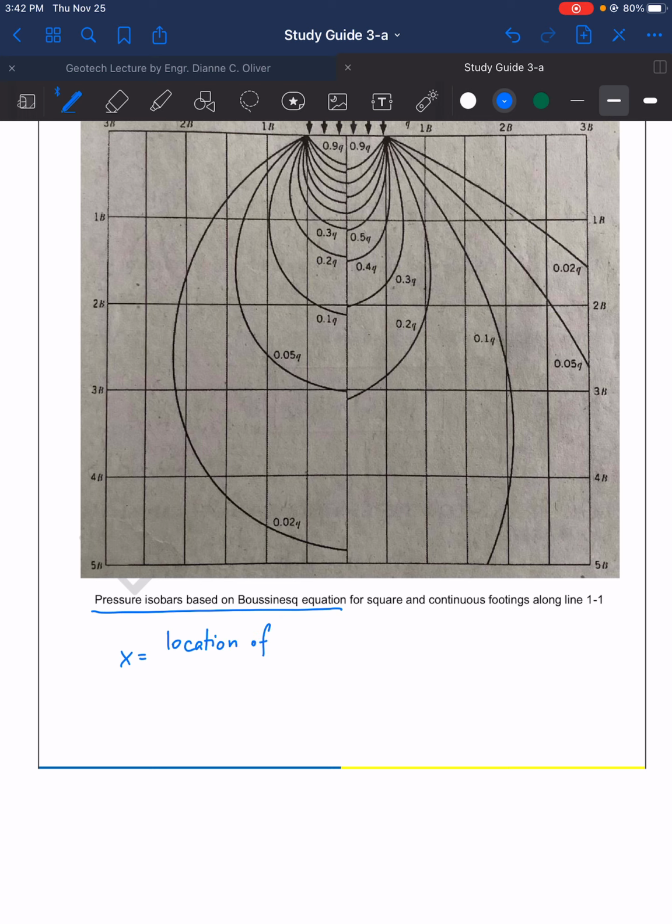If we plot the x here, we have the location of the point divided by the measurement of the base, and for the z, for the depth, we have the depth of the point divided by the measurement of the base.